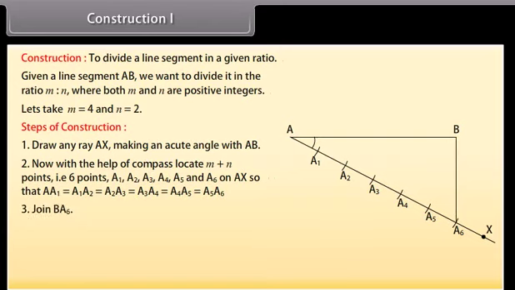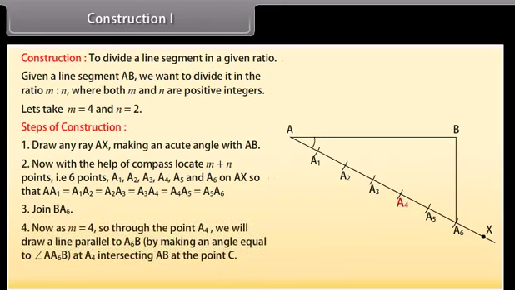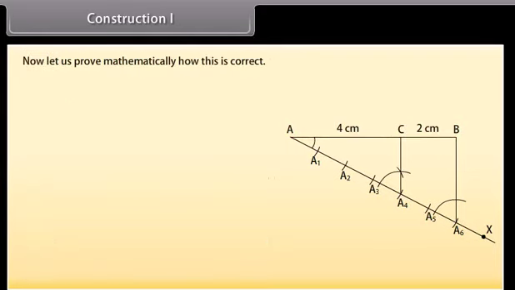Join BA6. Now m is equal to 4, so through the point A4, we will draw a line parallel to A6B by making an angle equal to angle AA6B at A4, intersecting AB at the point C. Then AC:CB is equal to 4:2. Now let us prove mathematically how this is correct.